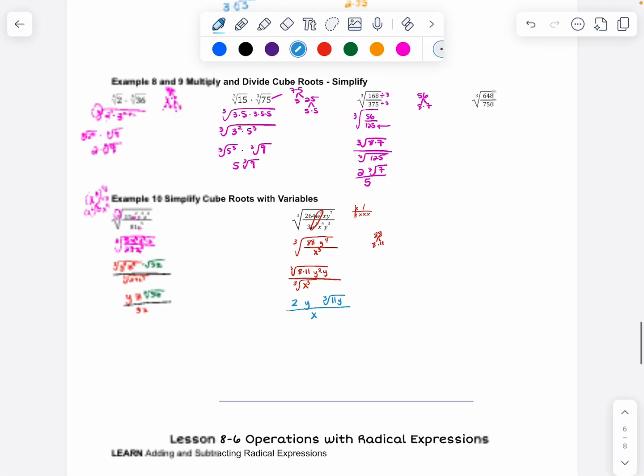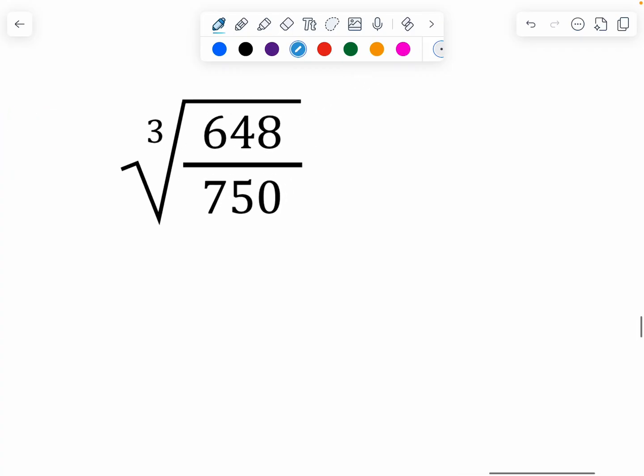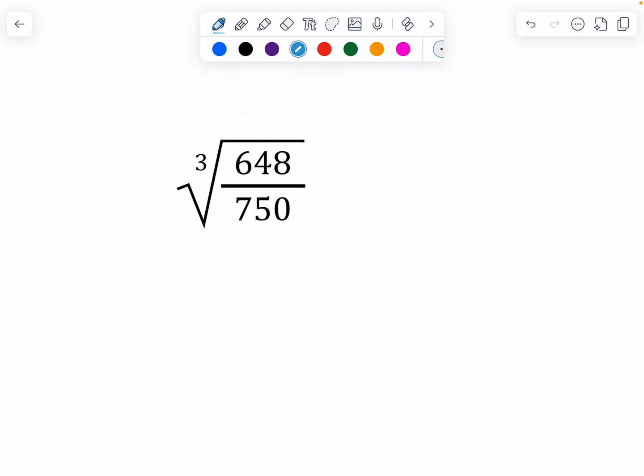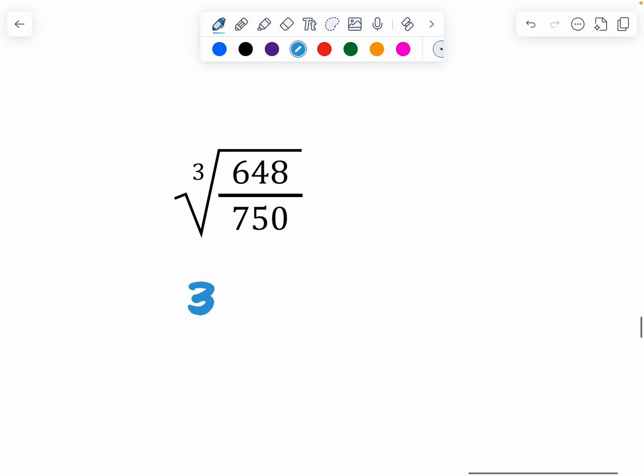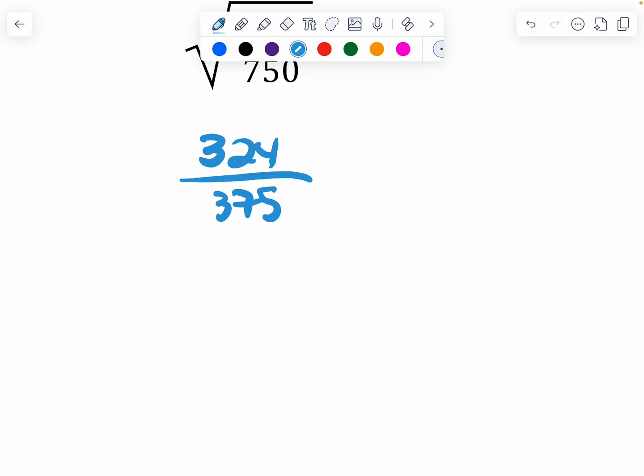Why does this not want to work? Okay. Oh, I forgot to do this one over here. I apologize. I know 2 goes into both of them. 648 divided by 2, so that's 324. 750 divided by 2 gets 375. Divide that by 3. If I divide by 3, 108.